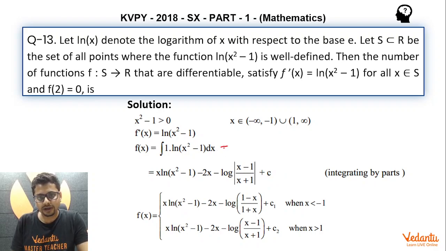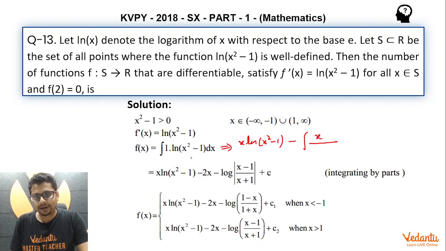Now in case you are not convinced, let me solve it. 1 is the second function, so you get x times ln(x square minus 1) minus the integral of x times the derivative of ln(x square minus 1), and you'll use the chain rule, so 1 by (x square minus 1) multiplied by 2x, so this is what it becomes. Now here let me do minus 2 plus 2.